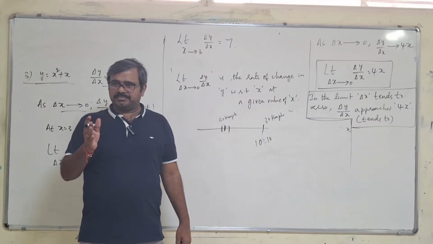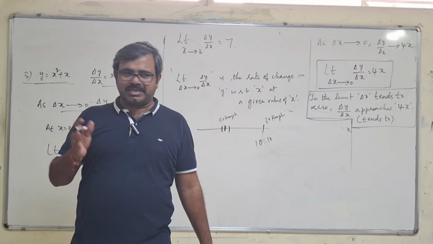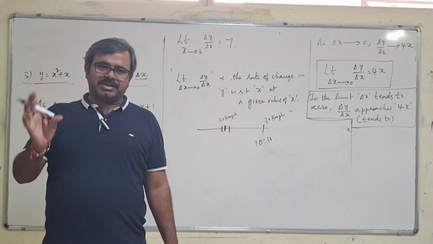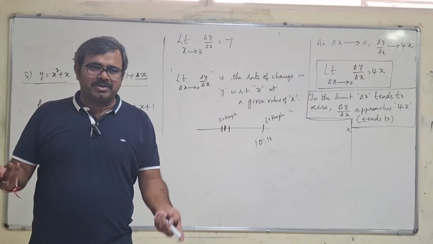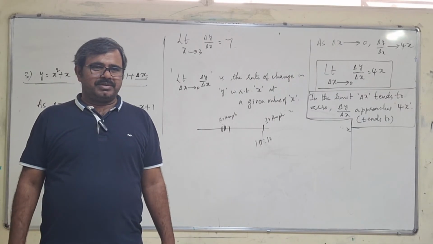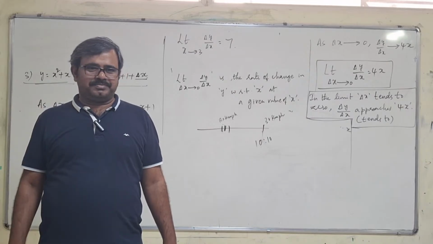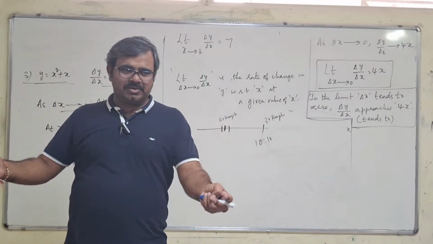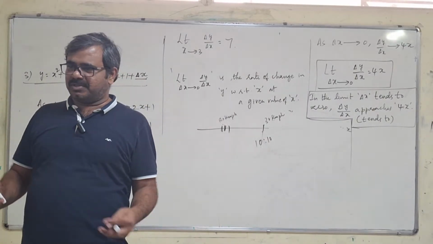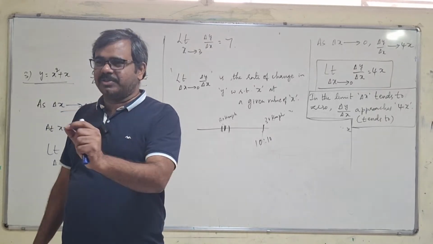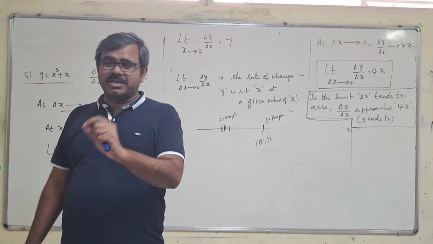Around 10 a.m. Your watch shows 10 a.m. So around 10 a.m. construct a small interval. How small? There is no rigid fixed boundary to it. It has to be very small. When I say very small, it doesn't mean it is 0.001. We don't have a fixed boundary to it. It has to be close to 0, but not equal to 0.